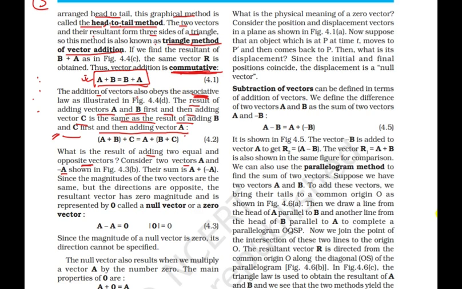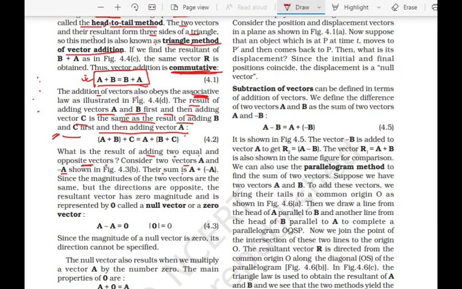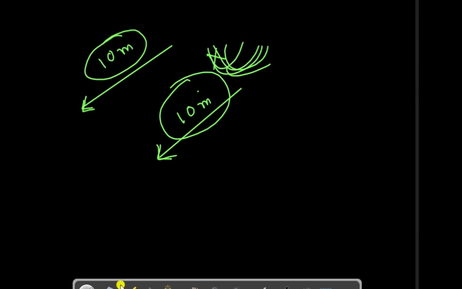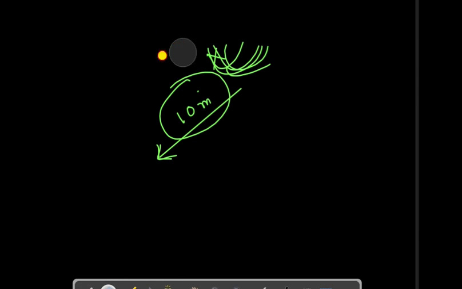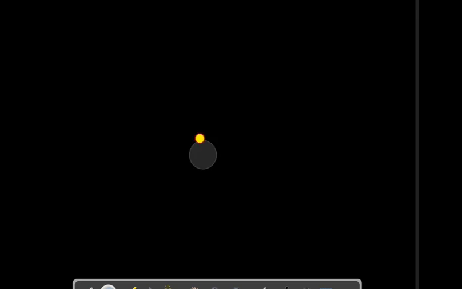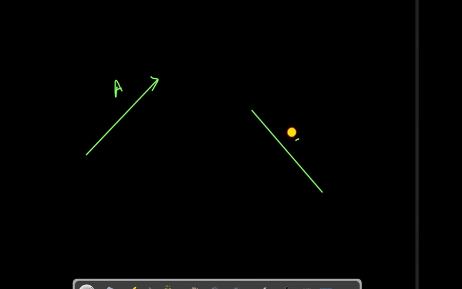What is the result of adding two equal and opposite vectors? Consider two vectors A and minus A. In that case their sum will be A plus minus A. Suppose this is vector A, and this is another vector. This is A and this one is minus A. How to get the resultant of these two vectors?